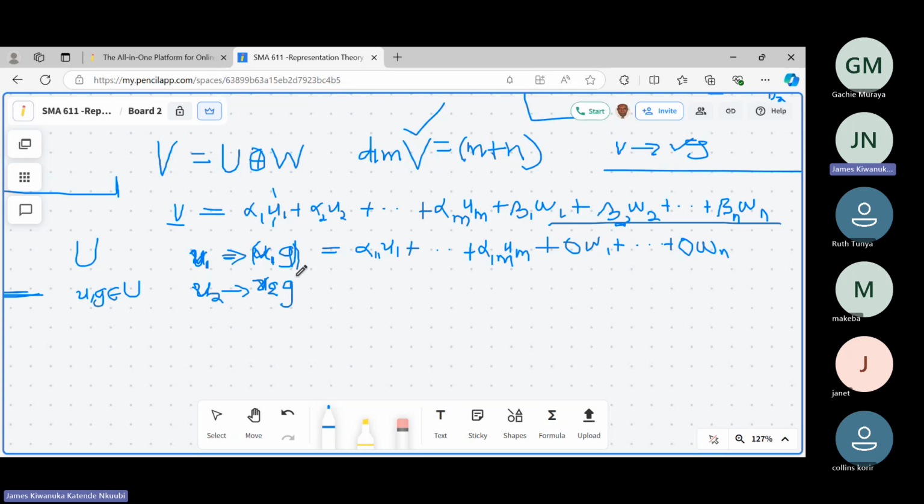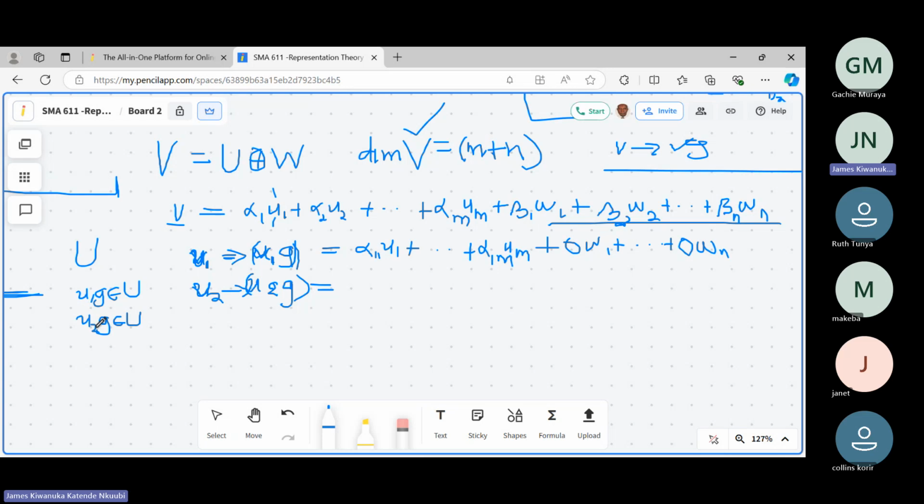For U2, let's make it clear. We have U2 acting on G. The same thing will happen here. U2 came from U, so U2G cannot be outside U because U is a submodule.